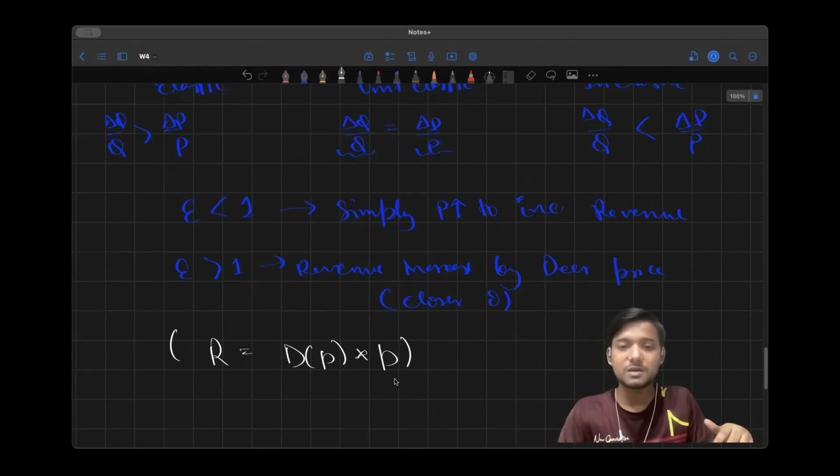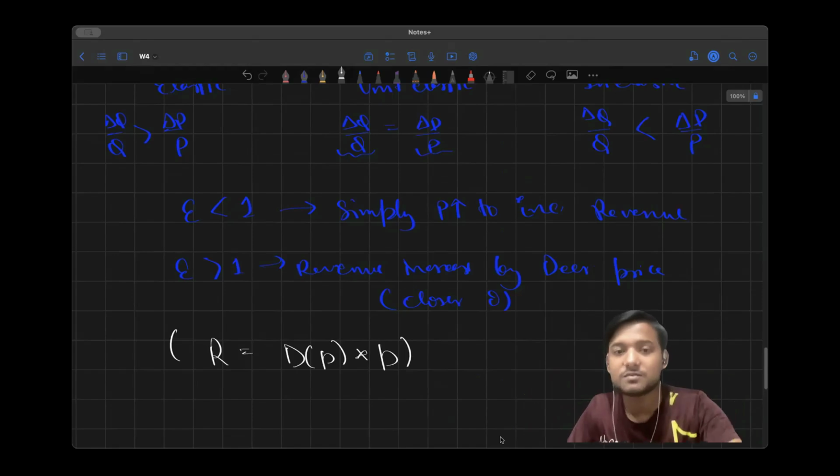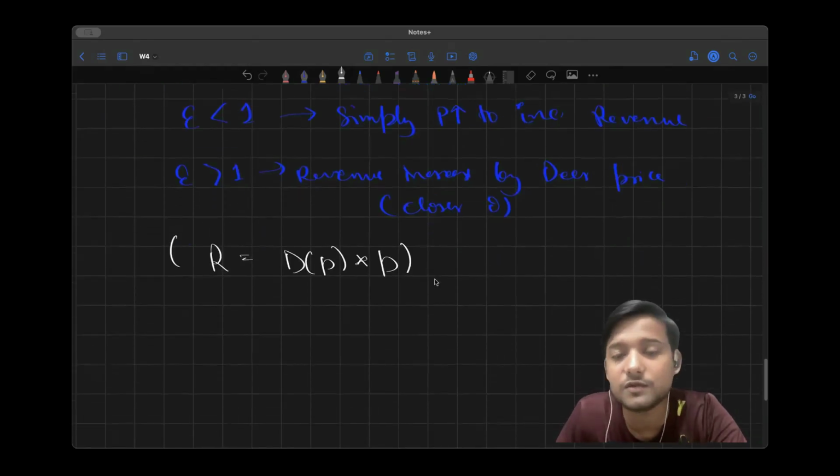So if I increase my P a little, my D, which is a function of P, will fall by a lot. Because I want to increase my revenue, which is a product of these two, in case of elasticity greater than 1, I need to make my P as close to 0 as possible. And in case of elasticity less than 1, I will simply increase my P. That's my strategy. And now, how do we model this?